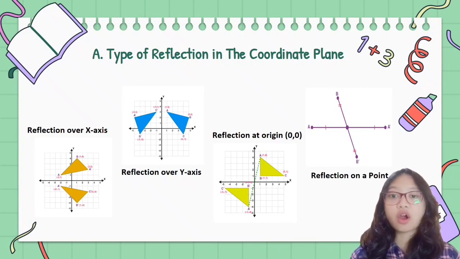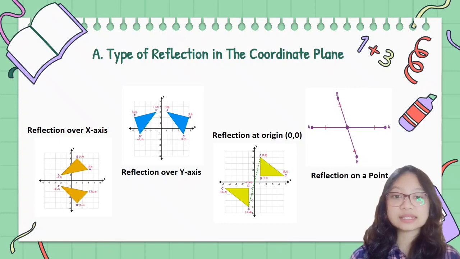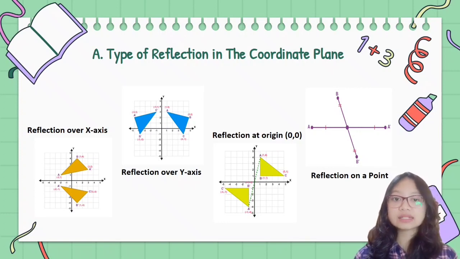Hence, the coordinates of the triangle are A accent (-1, -4), B accent (-1, -1), and C accent (-5, -1).